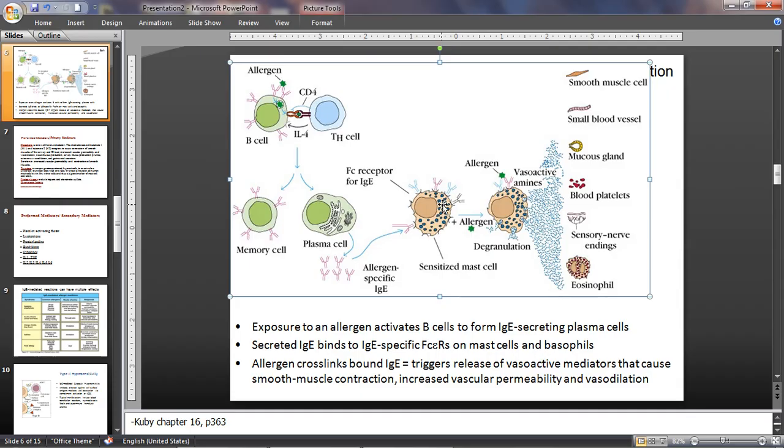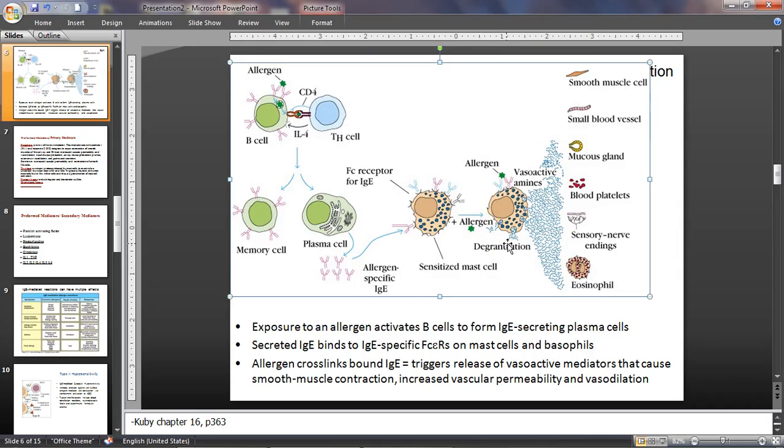Now when there is a second exposure to the same allergen, these sensitized cells to which the IgE molecule has already been attached start releasing their contents. This process is known as degranulation.